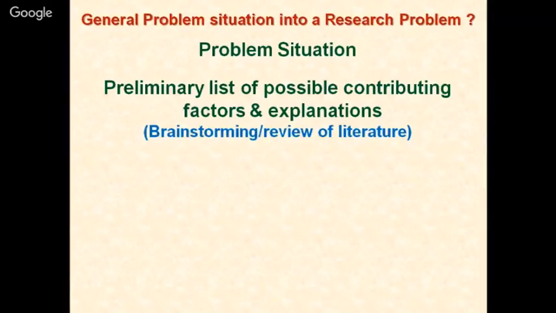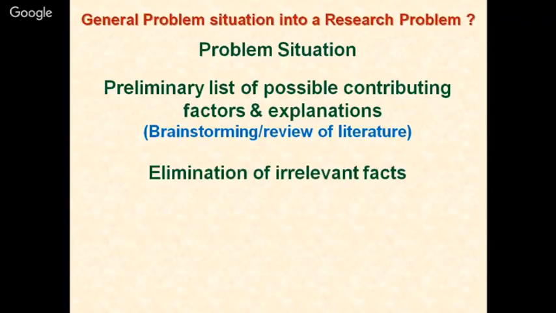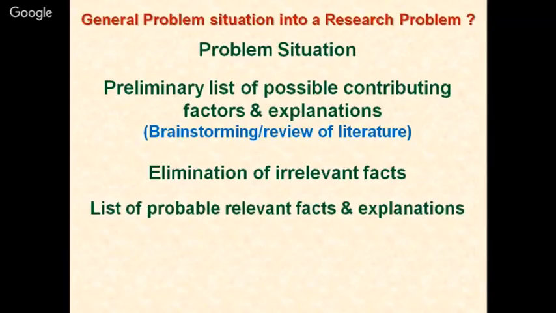It means you will do brainstorming, and you will also review the literature that will help you prepare a preliminary list of possible factors. That is how others have carried out this kind of research work. Then you will eliminate the irrelevant facts and move to the list of possible relevant facts, and you will write the explanation.